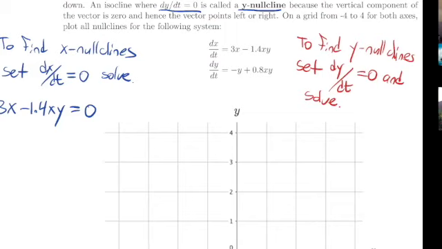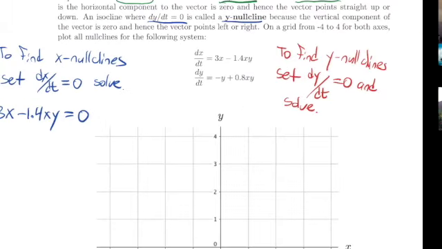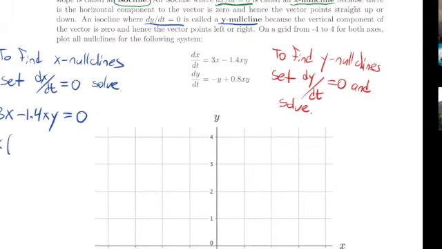So I'm going to factor this. We can factor an x out, and then what's left is 3 minus 1.4y is equal to 0. So we've got a couple of solutions here. x equals 0, that's going to be an x nullcline. And if I solve 3 minus 1.4y equals 0, then what do we get for y there?